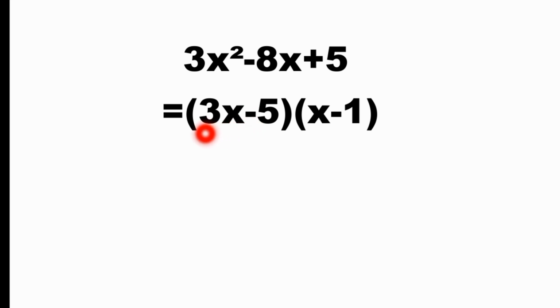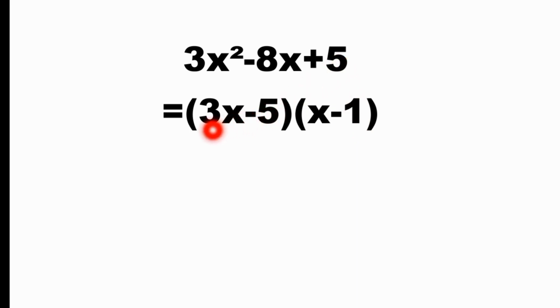If the middle term is negative and the last term is positive, the factors are negative times negative, since negative times negative is positive.